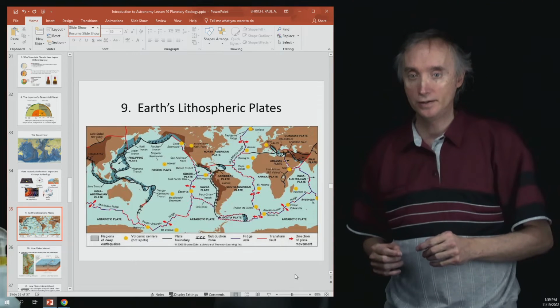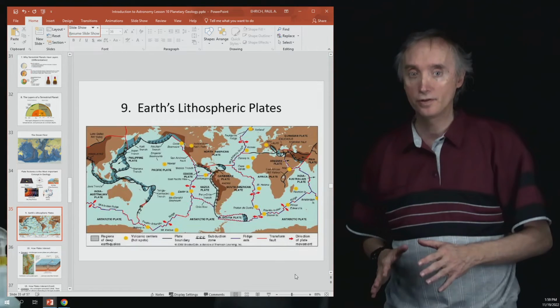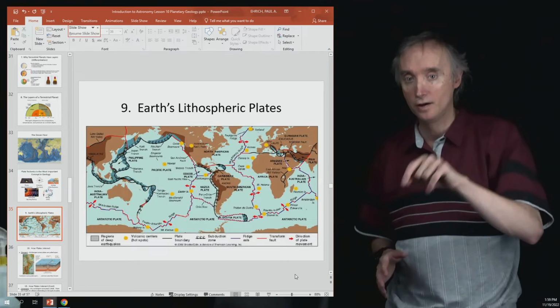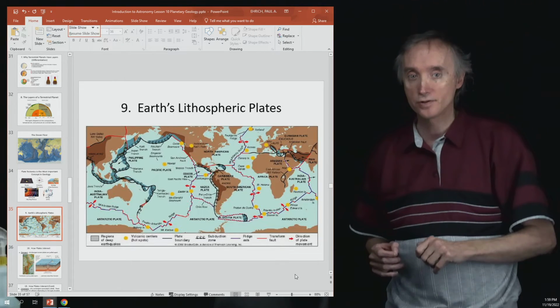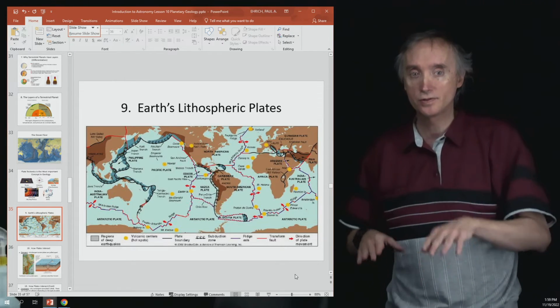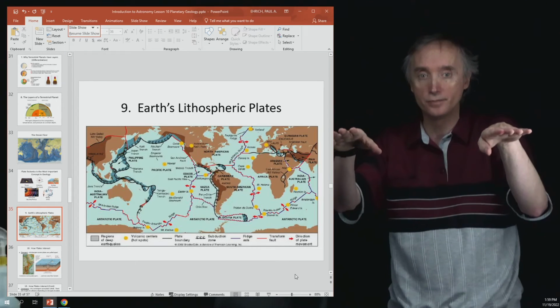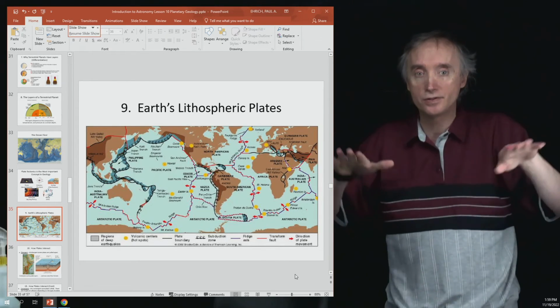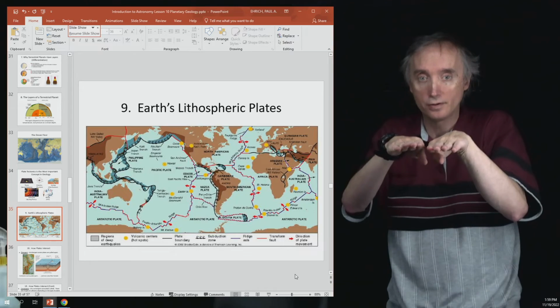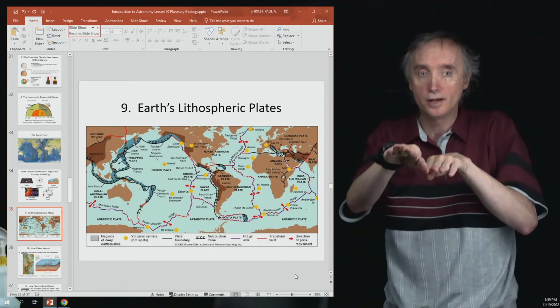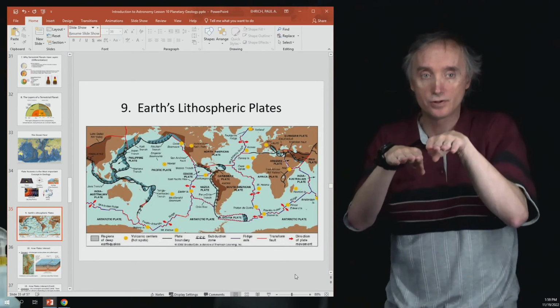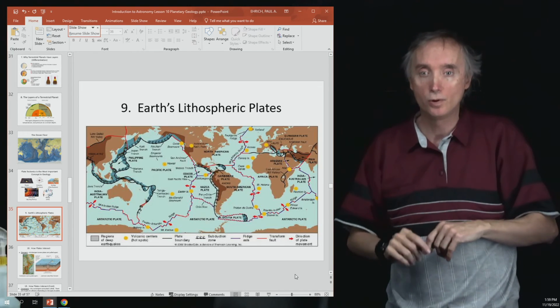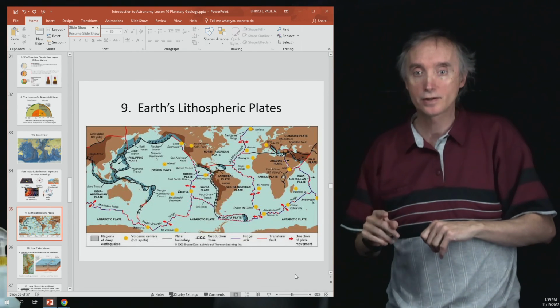Now those plates can do different things. If you look carefully on that picture, you'll notice that at some places the plates are being pulled apart, and at other places the plates are being pushed together, and at other places the plates are sliding past each other. So that's what we want to talk about in our next segment.